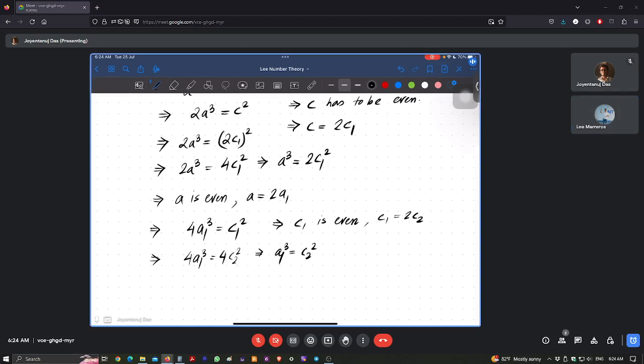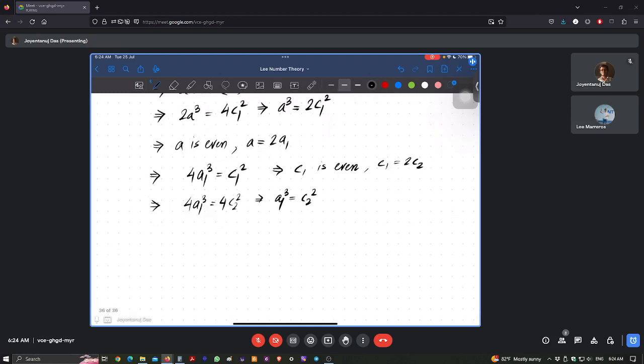So what I got is, it is only possible if a number is both a perfect cube and a perfect square, right? So A1 is actually n square, and C2 is actually n cube.